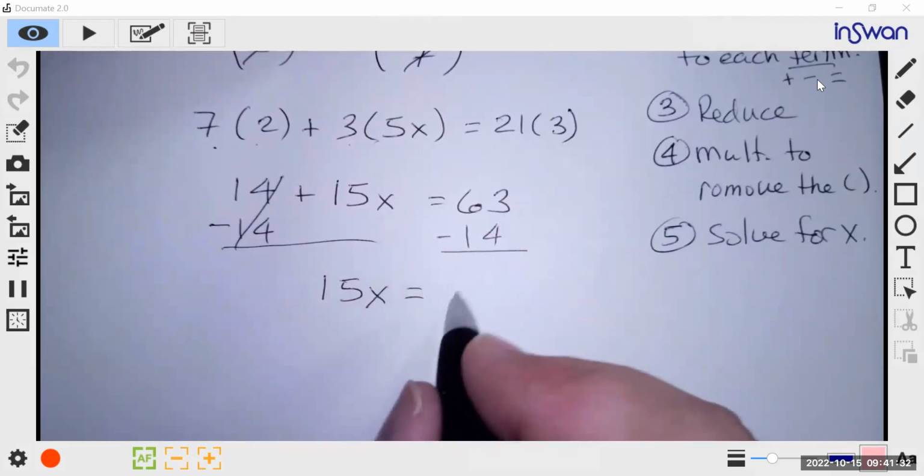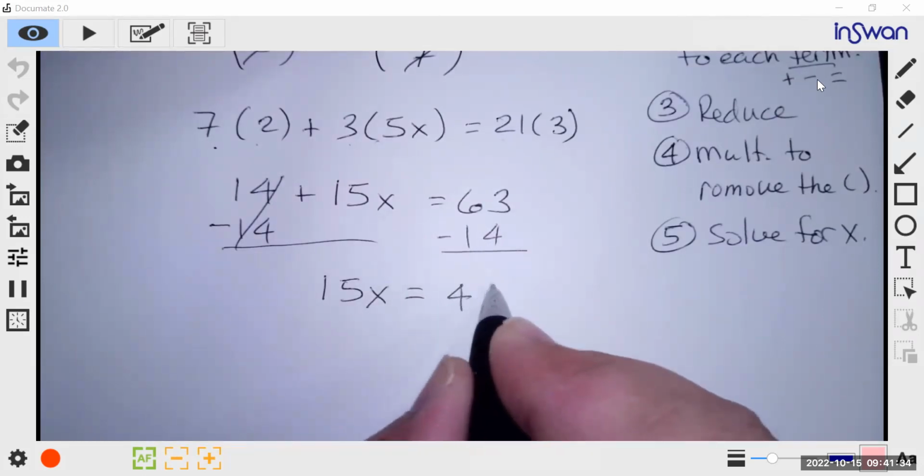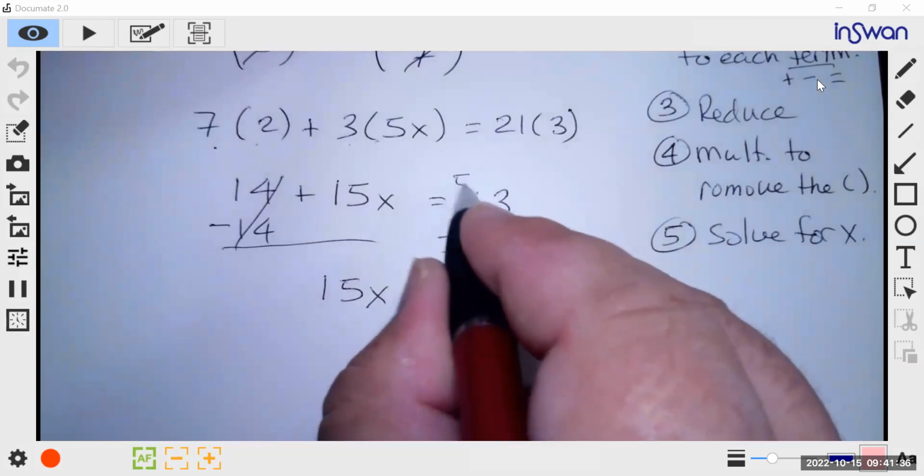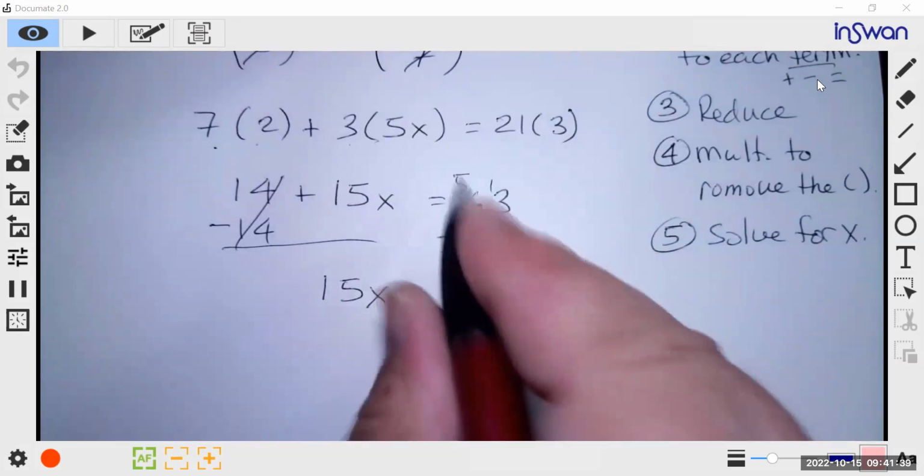63 minus 14 is 49. Let's borrow the one. 13 minus 4 is 9. 5 minus 1 is 4.